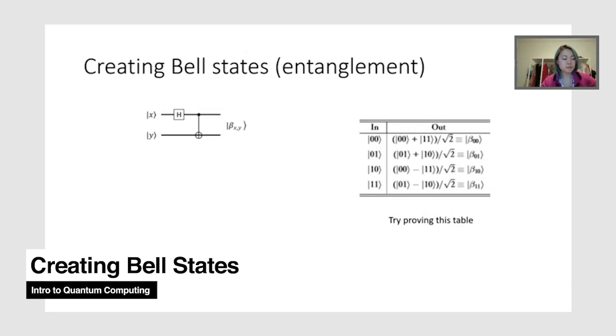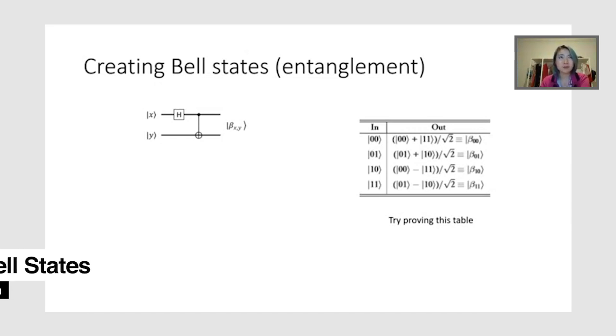So here is what I mentioned. There's something that we use in all the algorithms, which is entanglement. We can actually use what you have learned so far to construct entanglement, namely Bell states when you have two qubits.